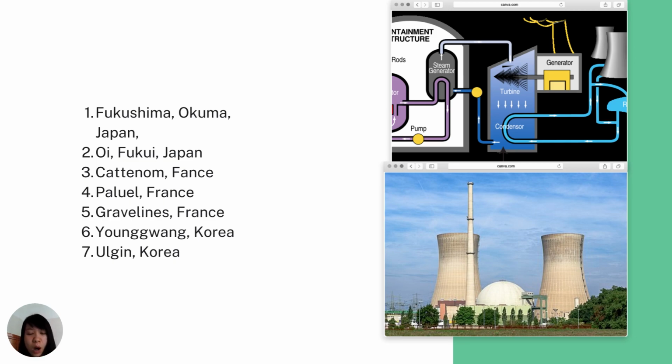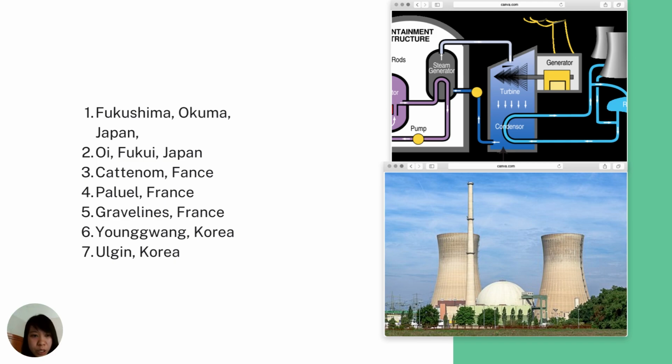The heat will boil water and make the steam, and the steam will go into the turbine and turn the turbine round and through the generator. The force created from the rotating turbine will create the electricity.